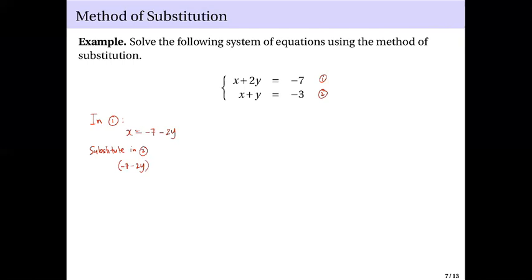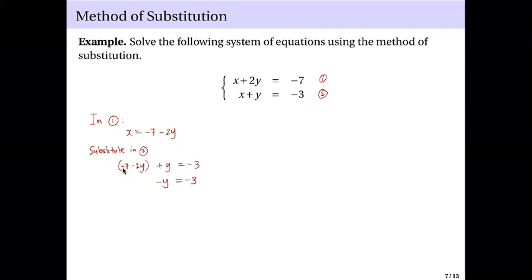And then you have plus y equals minus 3. And then we just need to simplify. We can remove that parenthesis without any problem. So we will have minus 2y plus y. That will become minus y. And then on the other side, we have minus 3.